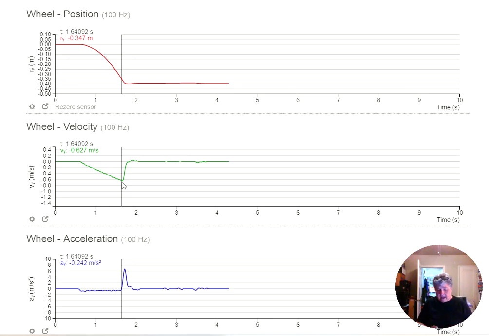So let's do that. Let's calculate the slope. Remember, the slope is rise over run. So my rise, or in this case, my change in velocity, my final velocity is a negative 0.627 meters per second. We subtract our initial velocity, which is 0. So I get a negative 0.627.